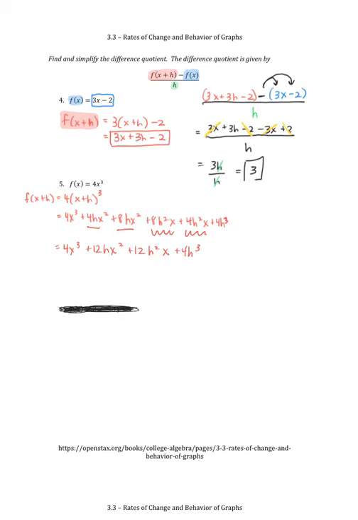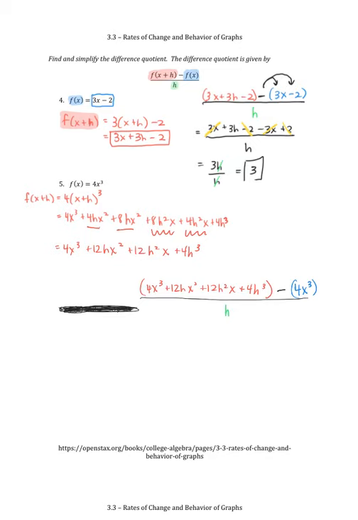So we're going to have f of x plus h in red: 4x cubed plus 12hx squared plus 12h squared x plus 4h cubed, minus f of x. f of x is 4x cubed, all over h.